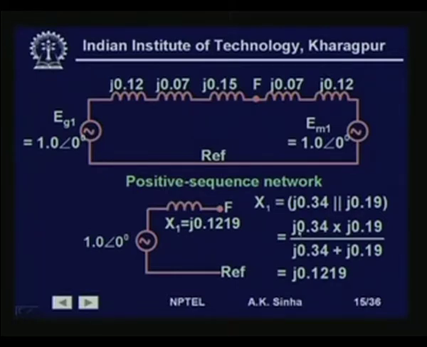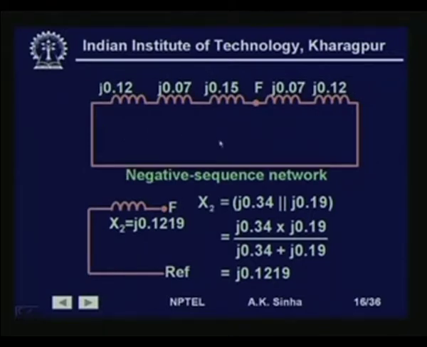This is equal to j0.34 times j0.19 divided by j0.34 plus j0.19. That gives the reactance to be 0.1219 between the fault point and the reference, and the voltage source here is 1 angle 0 degrees. So, this is the reduced positive sequence network at the fault point.